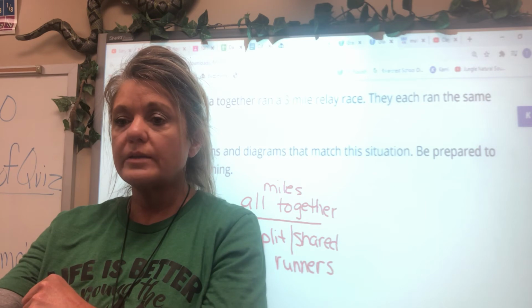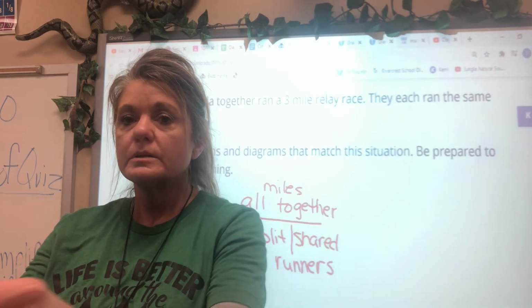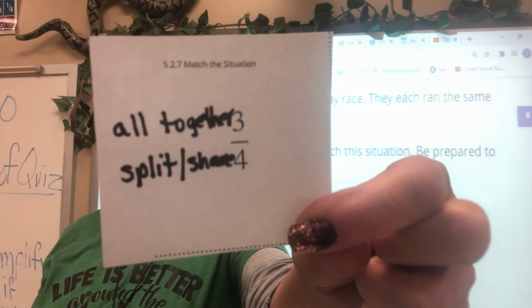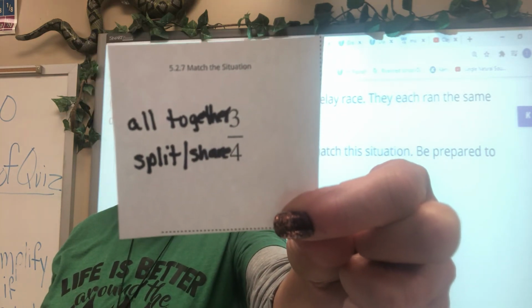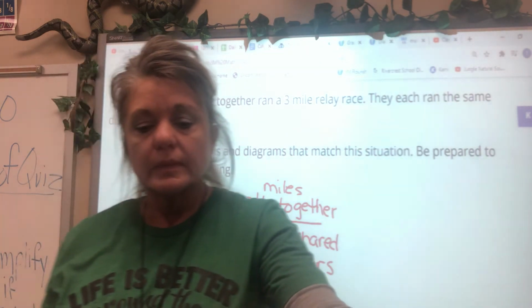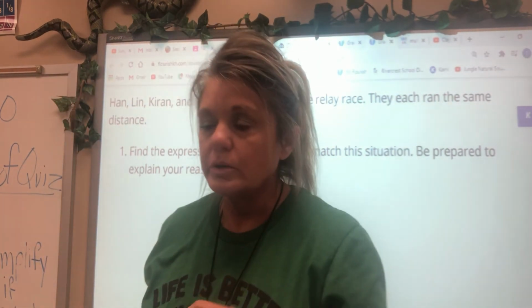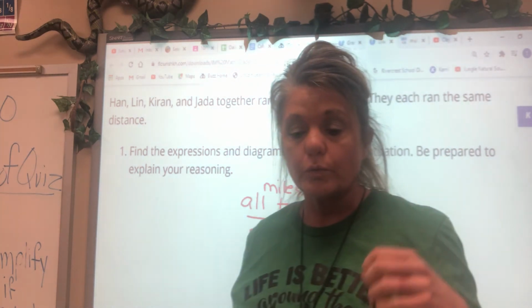And I knew that that 3 miles was having to be split or shared between 4 runners. So let me show it on the YouTube channel also. If I had the 3/4, then that is what I would be looking at to get me started. It was 3 miles altogether being split or shared between 4 runners.